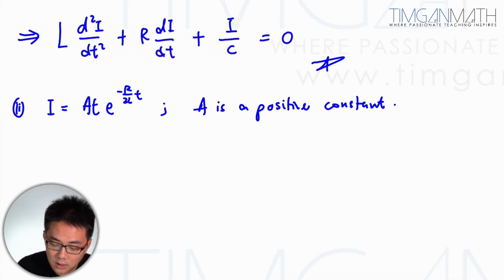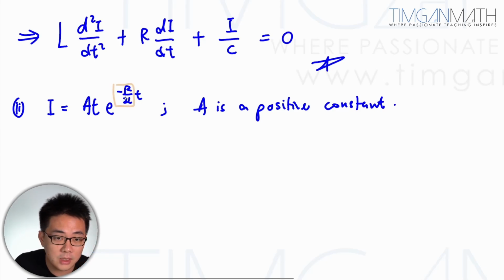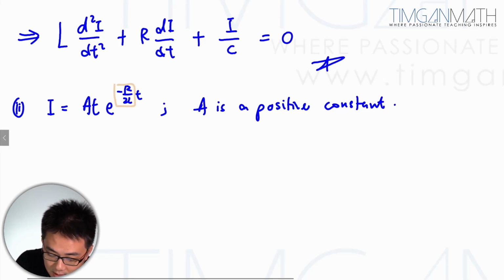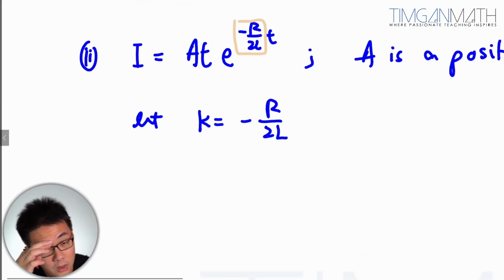So the game plan is just to differentiate and replace it. But before that, this will be very annoying with all these constants, so at the start let k equal negative R over 2L. It will be much easier if I let k equal that constant over there.